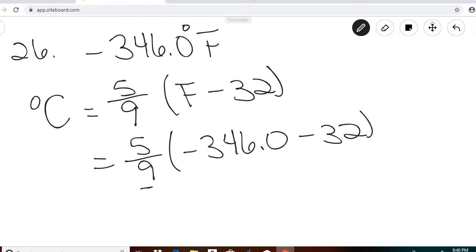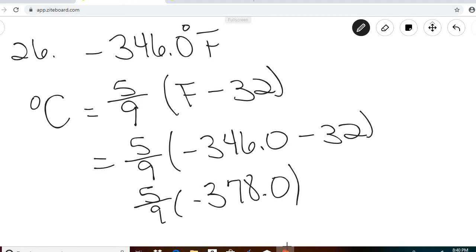So that's going to be 5/9 times negative 378.0. And so the answer that you will get will be negative 210. And we need to go out to the 10th place for a significant figure. So negative 210 degrees Celsius.